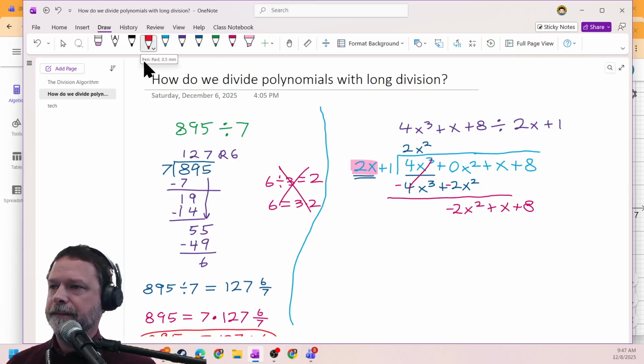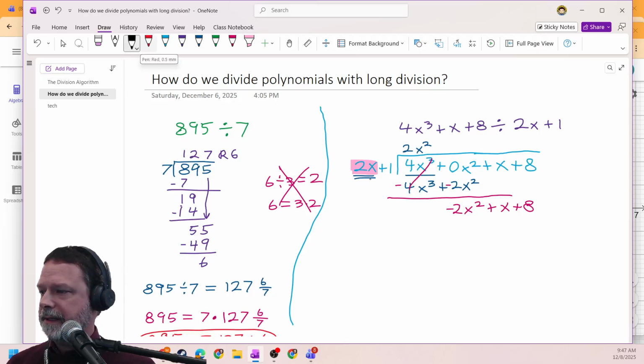Keep going. So now, how many times can 2x go into negative 2x squared? Well, I think it'd be negative 1x. So I'll just say minus x. Well, it's negative x times 2x. That is negative 2x squared.